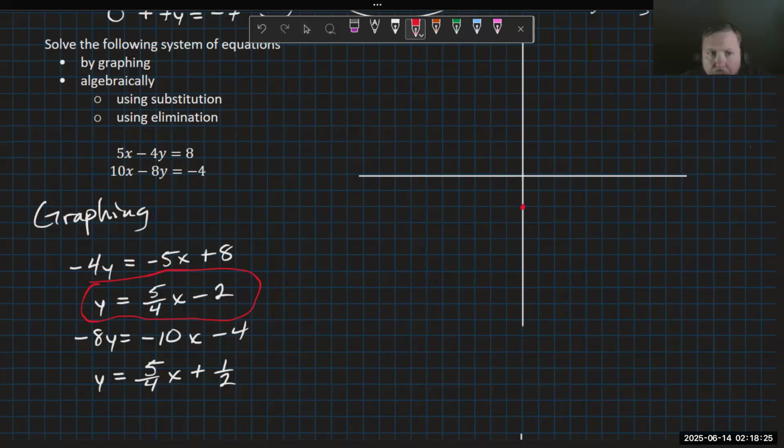So -2, and then I'm going to go up 1, 2, 3, 4, 5, and then right 1, 2, 3, 4. Again, up 1, 2, 3, 4, 5 and right 1, 2, 3, 4.